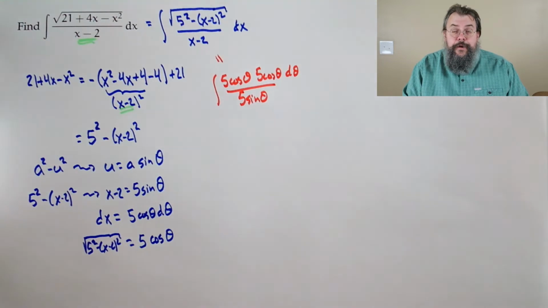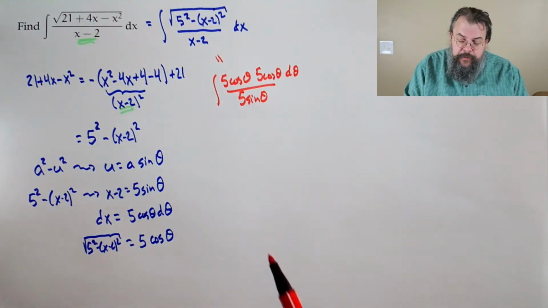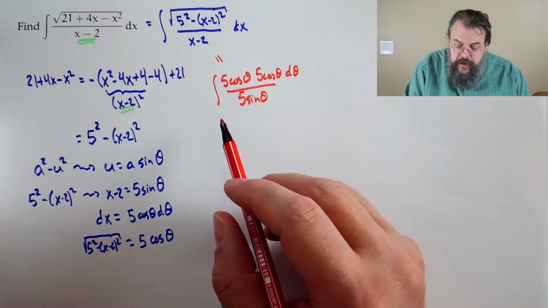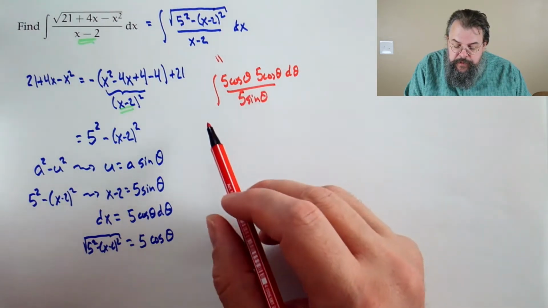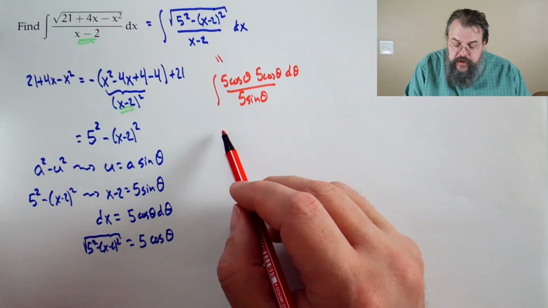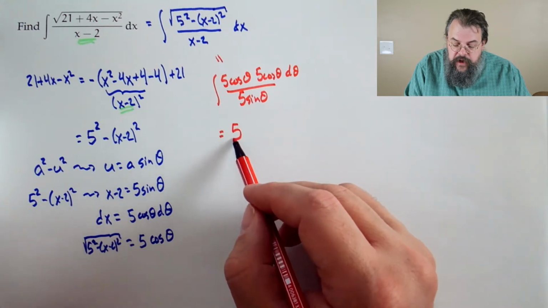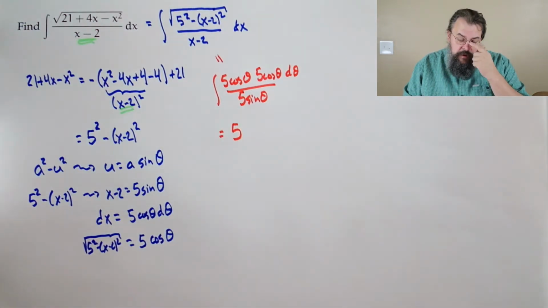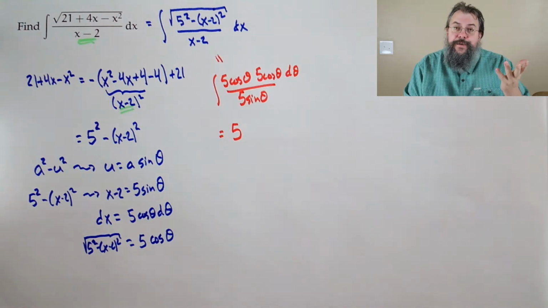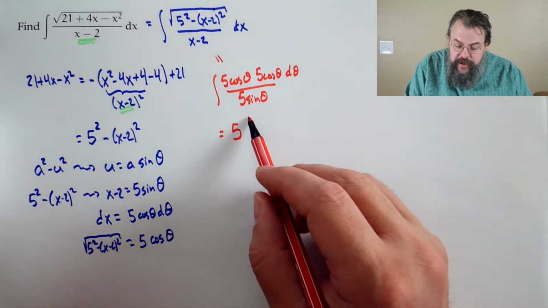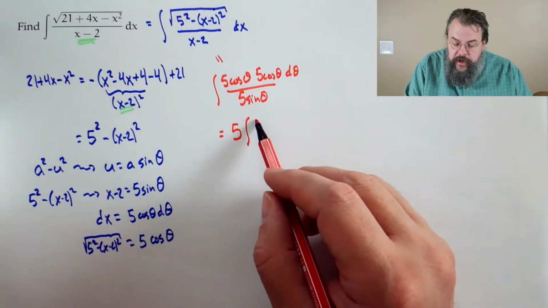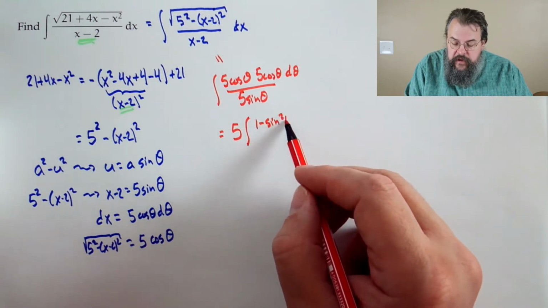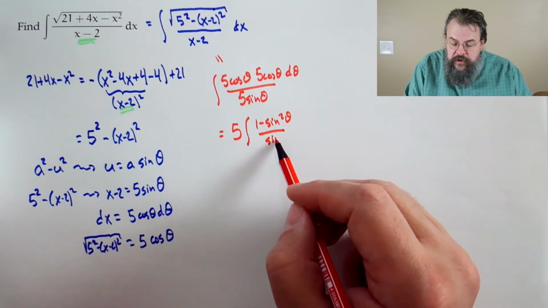All right, well, good. This is actually not bad, right? We can cancel a 5, pull a 5 out, and so we get this is 5. And what can we do here? Well, it's a cosine squared over sine. So we can write that as cosine squared, which I can replace as 1 minus sine squared, over sine.